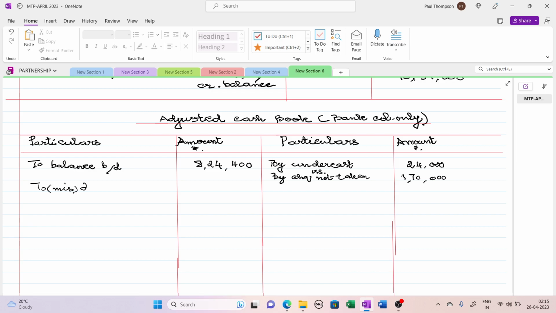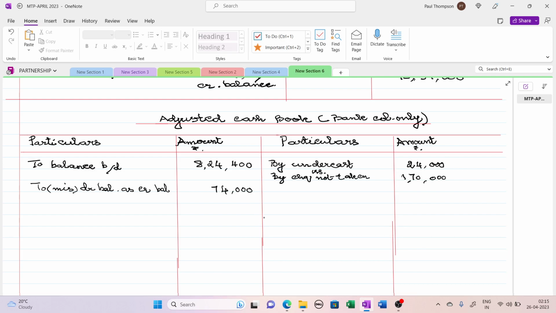Debit balance taken as credit balance. I am not writing in full. So I am going to add double that amount, 74,000. Clear? Okay. So now moving on to the next item.